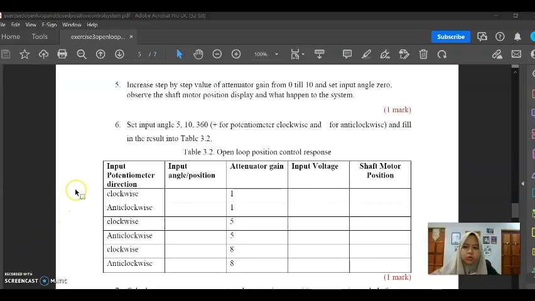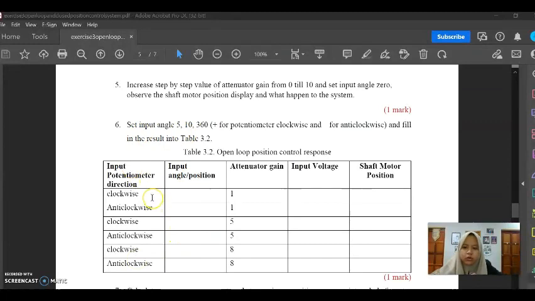Next, we must do this step, which is to set the input angle to 5, 10, 360, positive for potentiometer clockwise and negative for anti-clockwise.